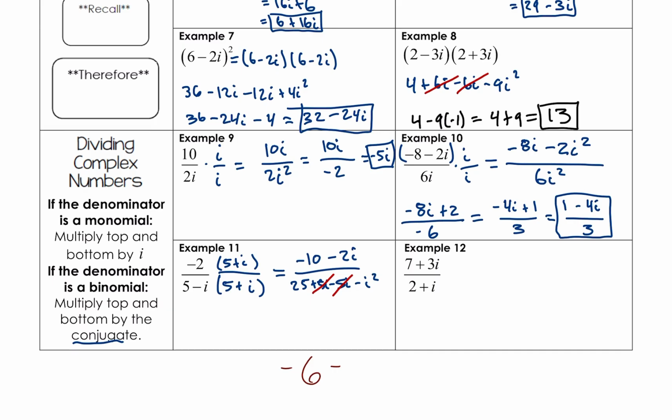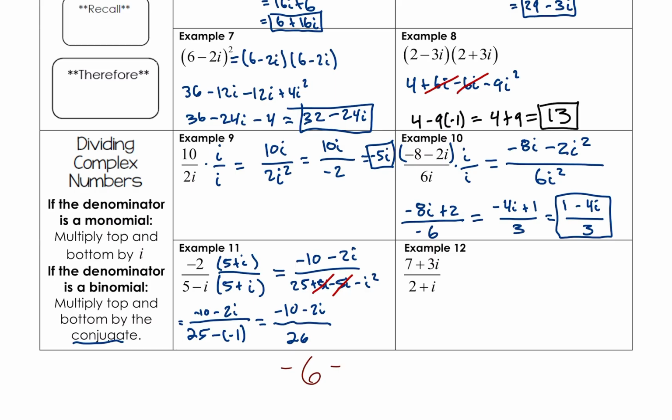Okay, now if I simplify this, I'm going to have -10 minus 2i on top still. And then I'll have 25 minus, so it's minus i squared. i squared is -1, which means I have -10 minus 2i over 26. 25 minus -1 is 26.